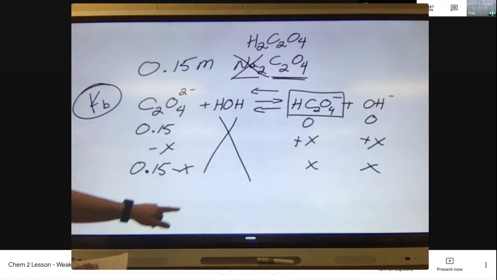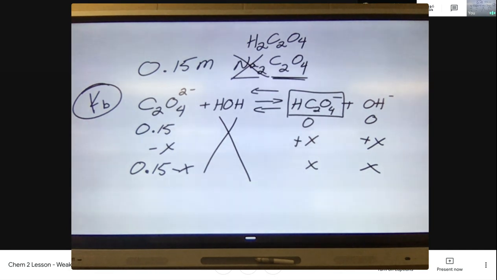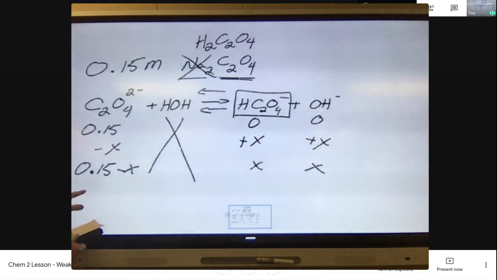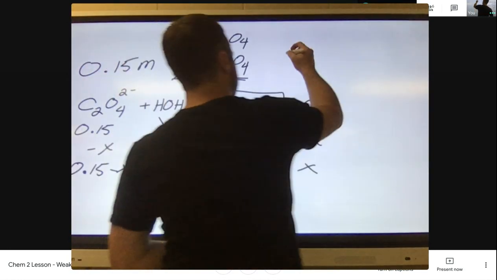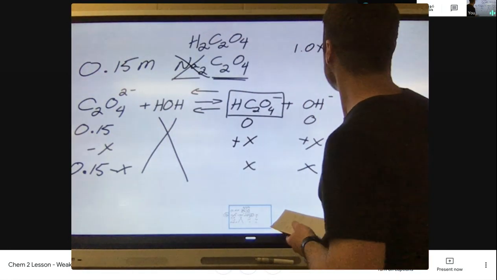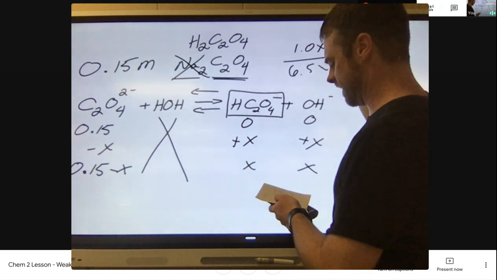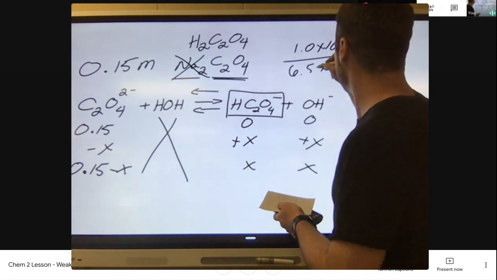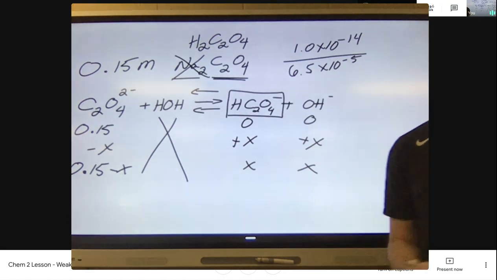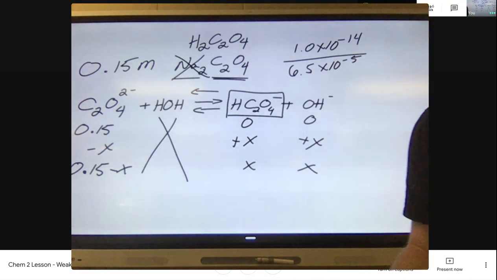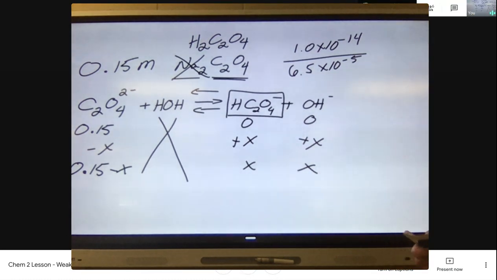So now let's go through and find Ka2. Looks like it's going to be 6.5 times 10 to the negative fifth. So we've got Kw, and we're going to divide by 6.5 times 10 to the negative fifth. This is advanced, and this is tough to do, I think. If you can figure this out from an online class or course, I'm impressed.